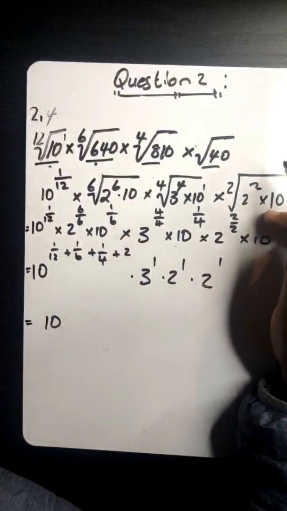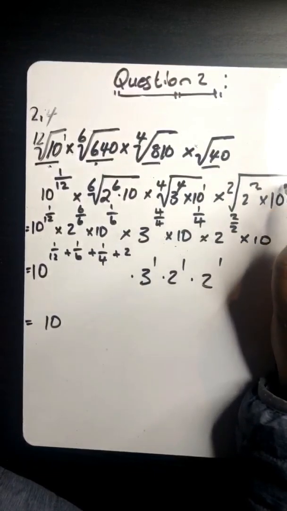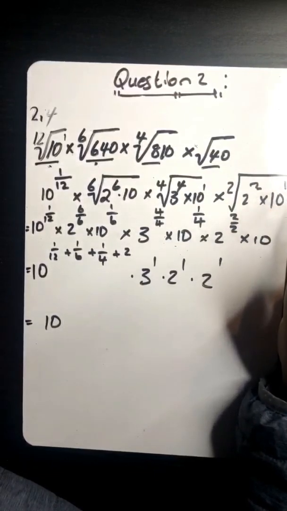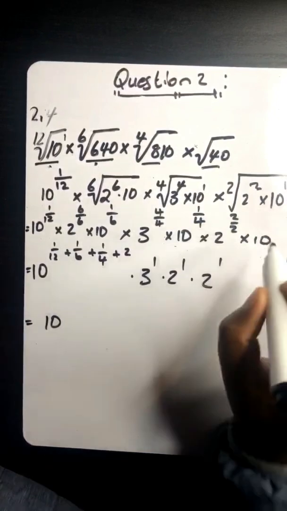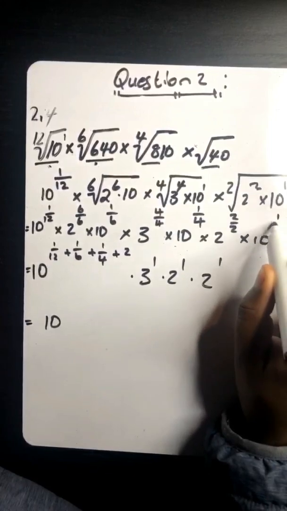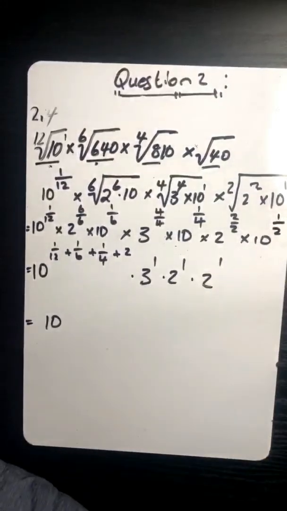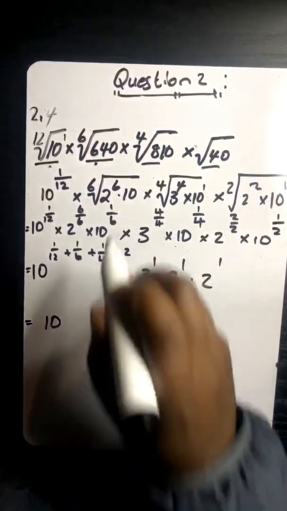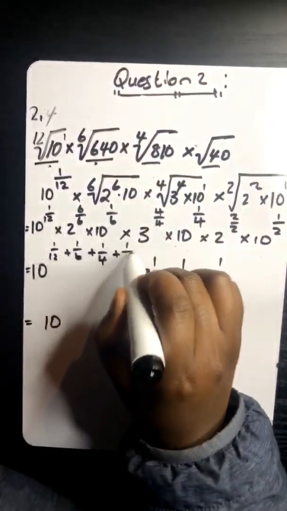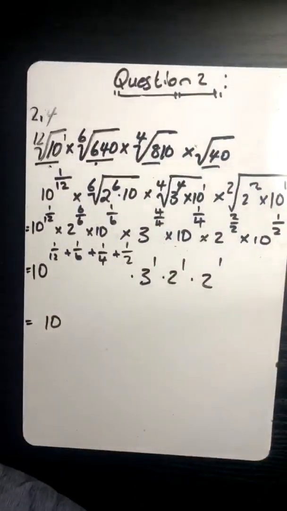This is where we made a mistake. There's an invisible 1 there, which means for 10 it is going to be to the exponent 1 over 2. I'm not sure if you guys understand that mistake, meaning here it's going to be 1 over 2. Do you get it, guys?